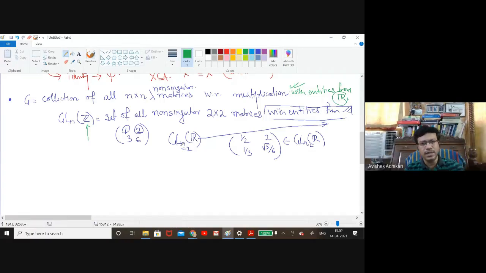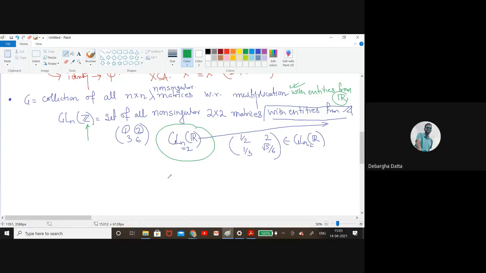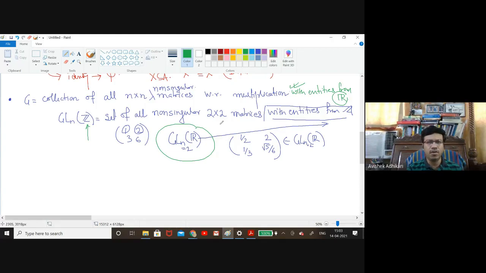Okay, do you understand what GLn(R) is? So GLn(R) means, you know matrices. Yes, you know. So now take the collection of all 2 by 2 matrices. Now you need to find out from where you will take the entries. Consider all 2 cross 2 matrices.